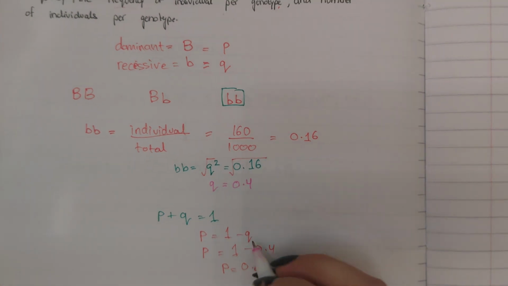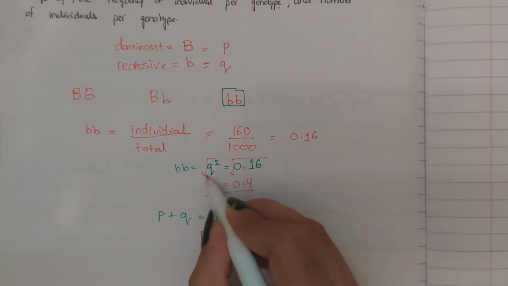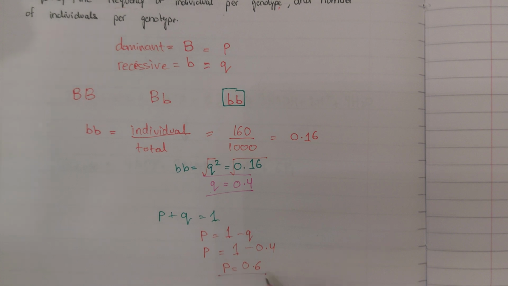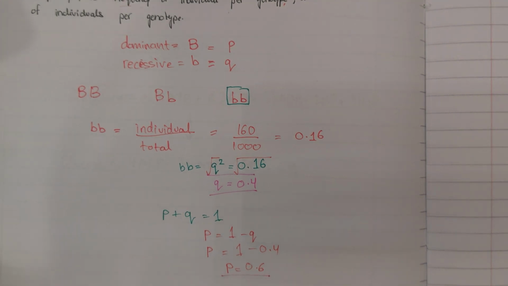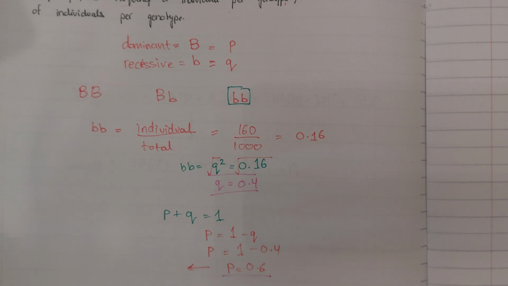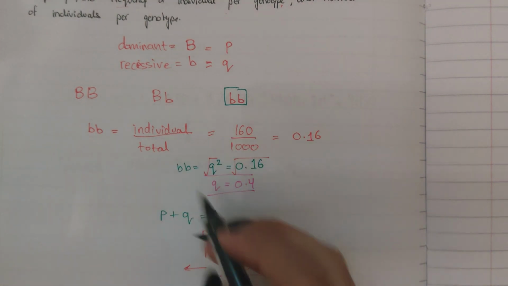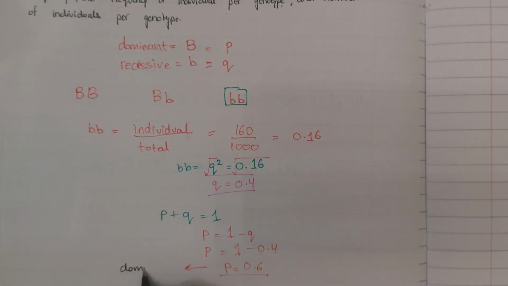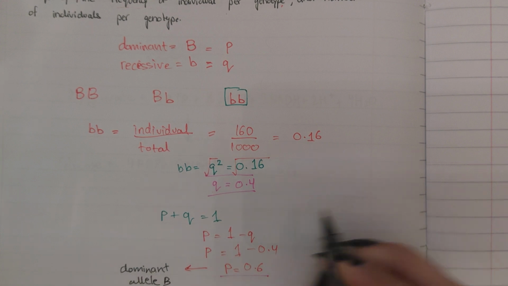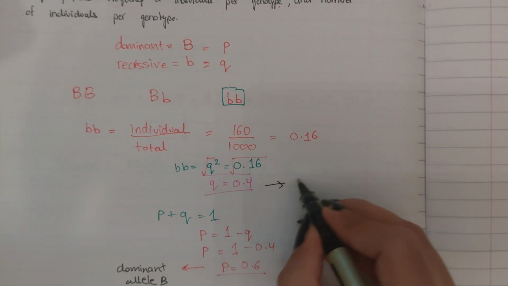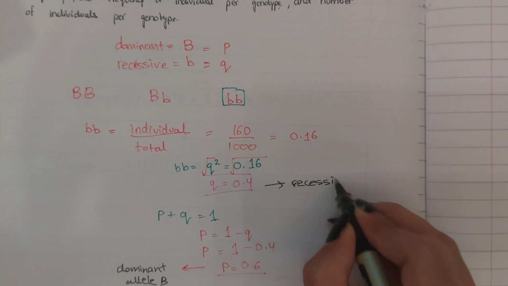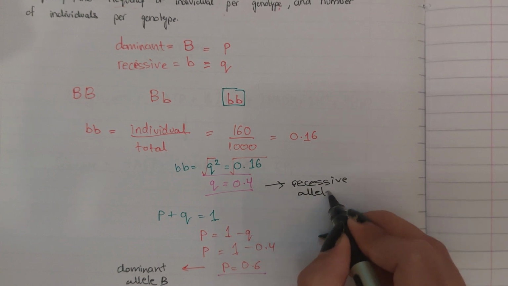So we have found q, we have found q square, and we have found p. And p is the allele frequency of the dominant allele, which is capital B, whereas q is the frequency of the recessive allele, small b.